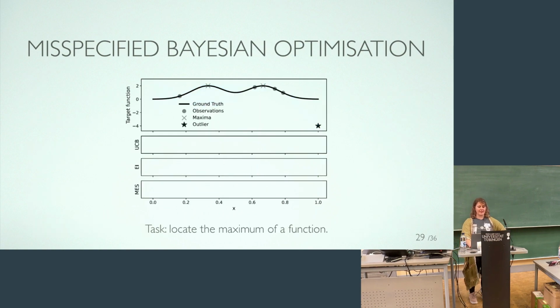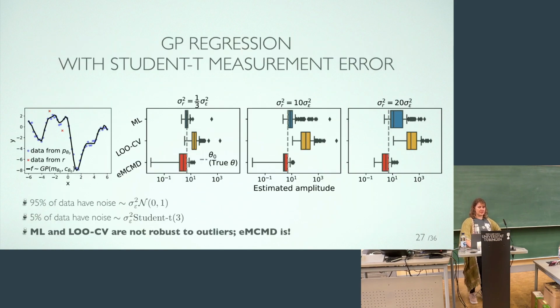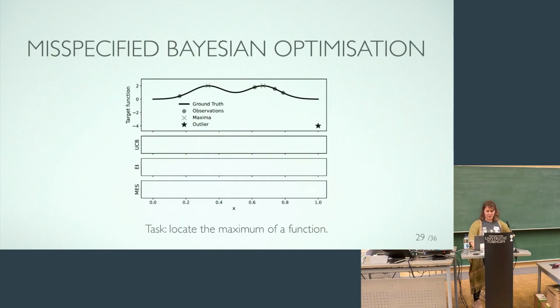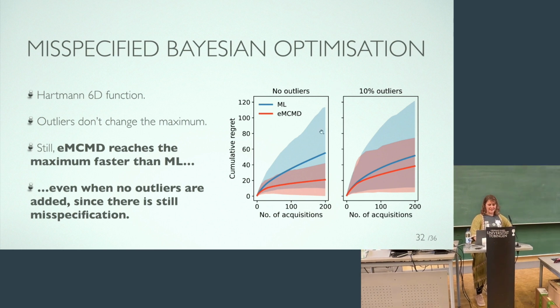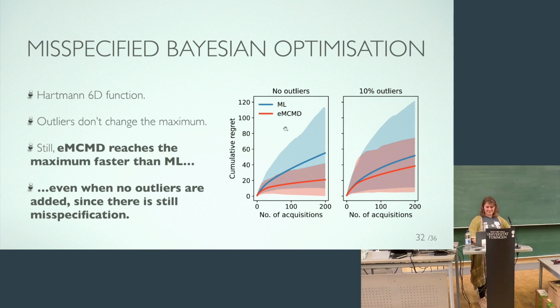Here, unlike in the very controlled GP regression case, we're very cleanly in the epsilon contamination case. 1 minus epsilon data came from some well-specified setting, and epsilon came from some contamination. While in here, the no outliers case is by no means well-specified. So it's already a misspecified problem, because the Hartmann 6D function doesn't look like a sample from a Gaussian process, or at least not one with the Matern kernel that we used.